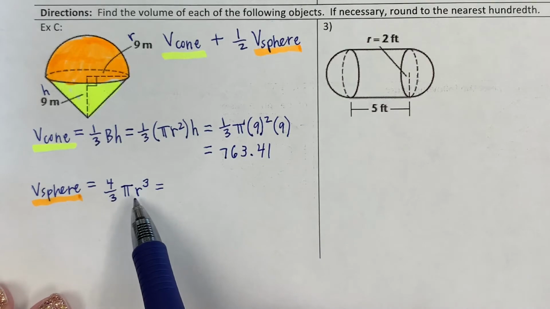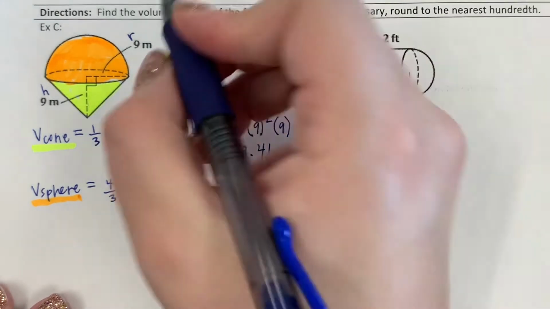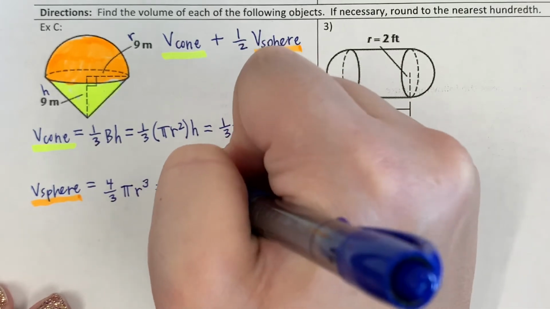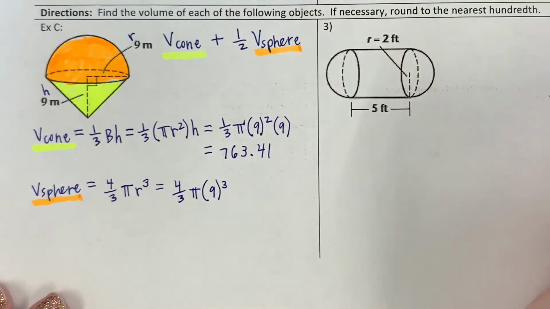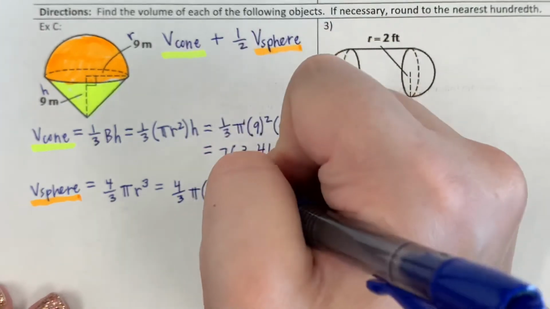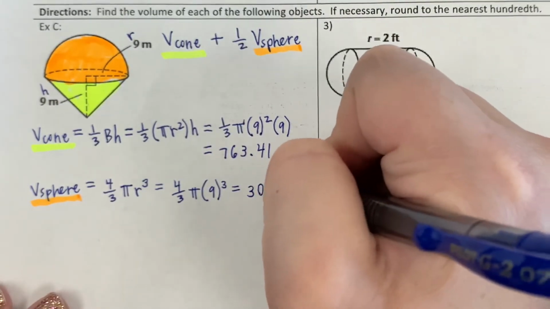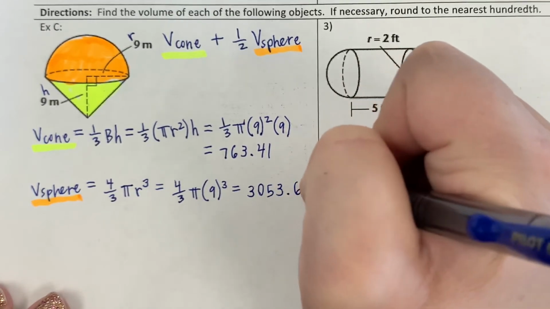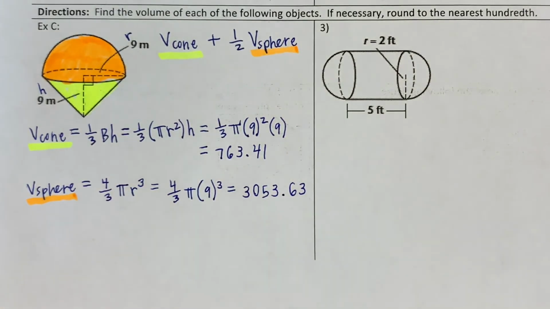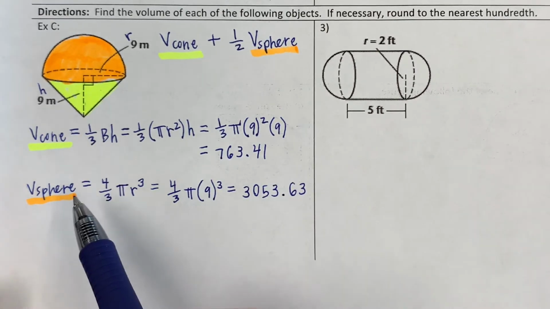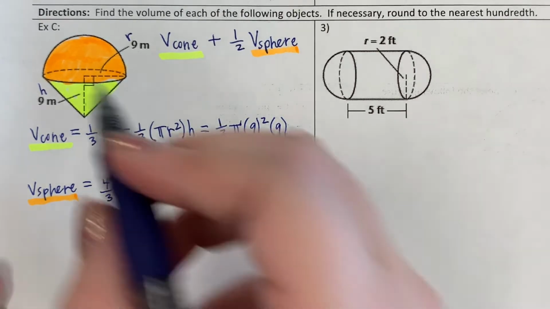And I just need to plug in my radius, which we set as 9. So I'm doing 4/3 times pi times my radius of 9 cubed. And that gives me 3,053.63.